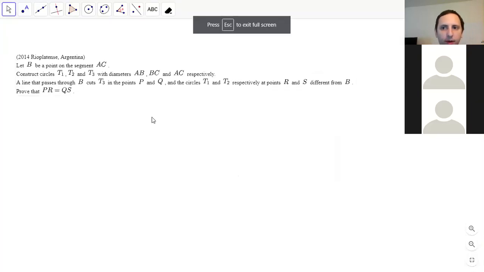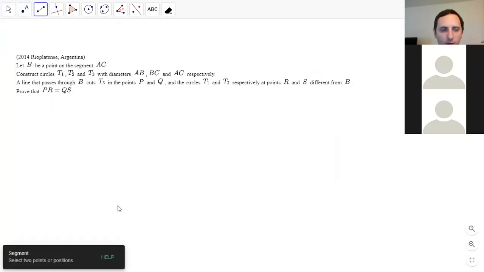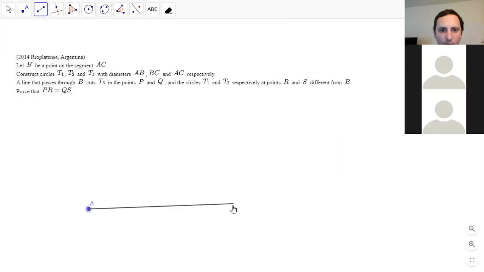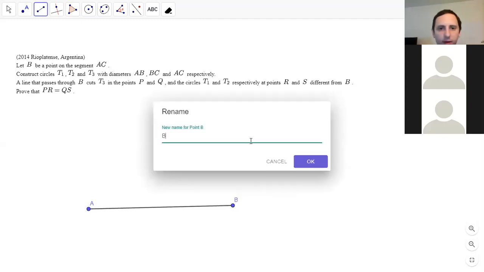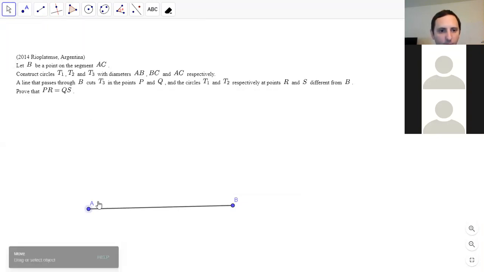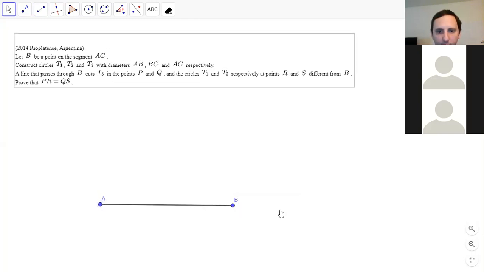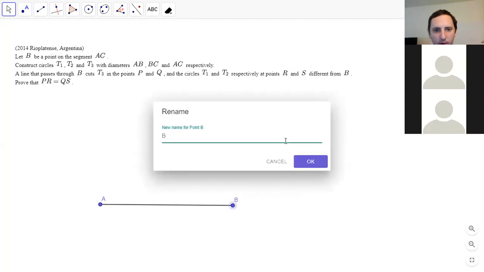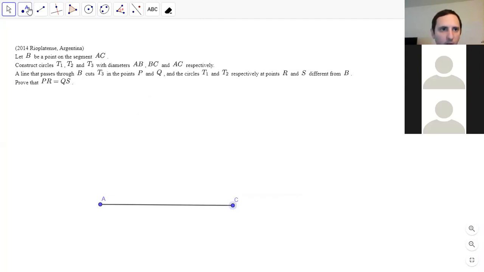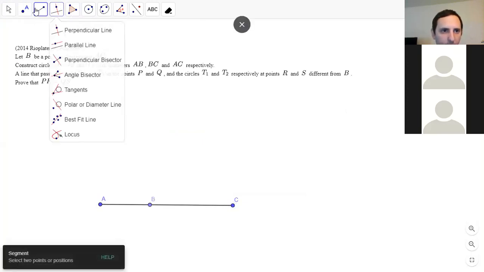So B is a point on the segment AC. All right, I'll rename this point C. We want circles with diameters AB, BC, and AC. All right, so I will do a bunch of midpoints here.